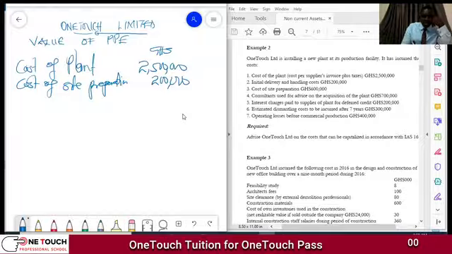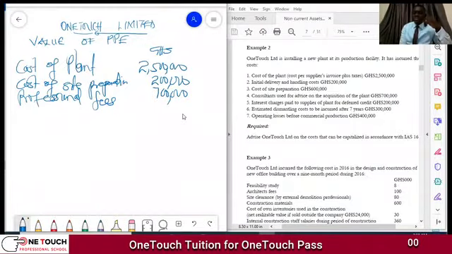We have consultants used for advice on the acquisition of the plant. So that's the professional fees. Then we have interest charges paid to supplier of the plant for deferred credits, 200,000. I don't think we saw any of this. Okay, good.